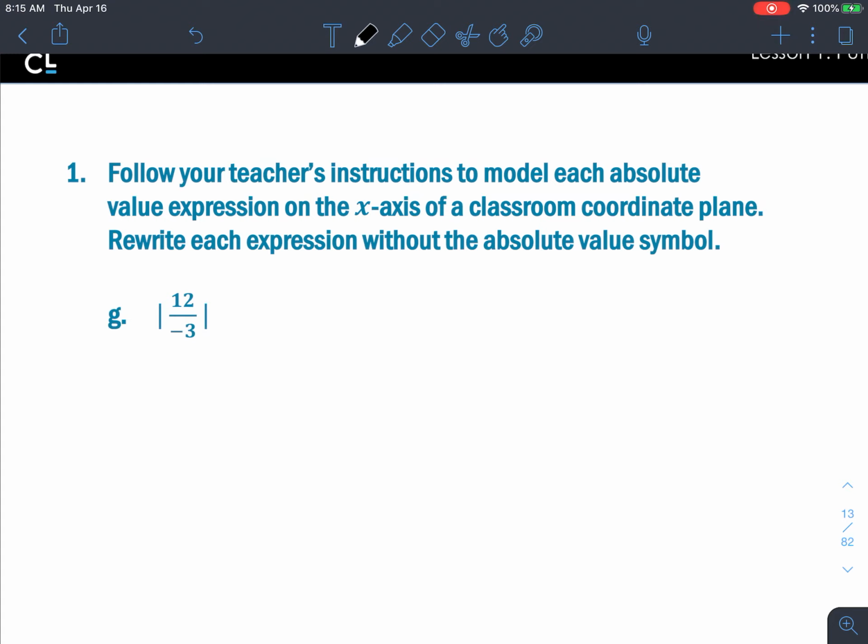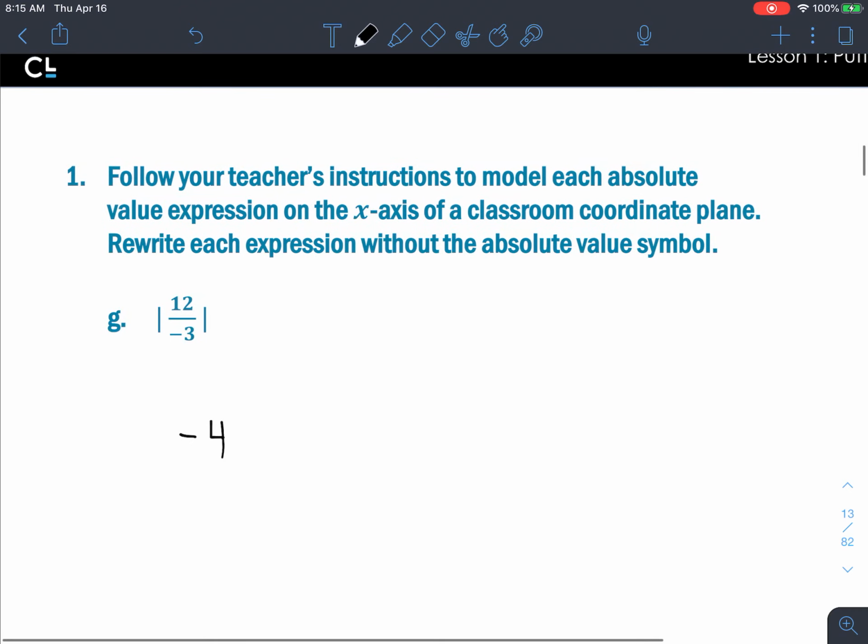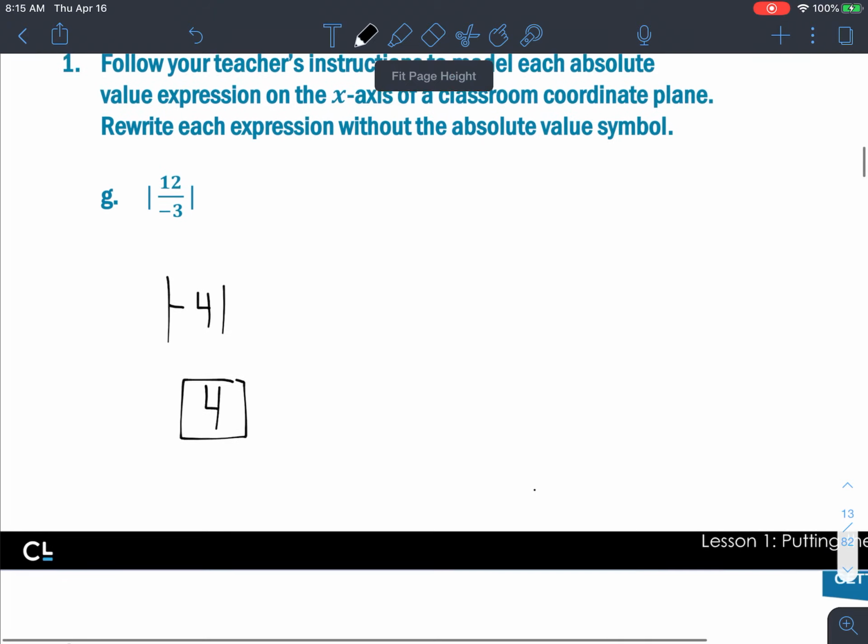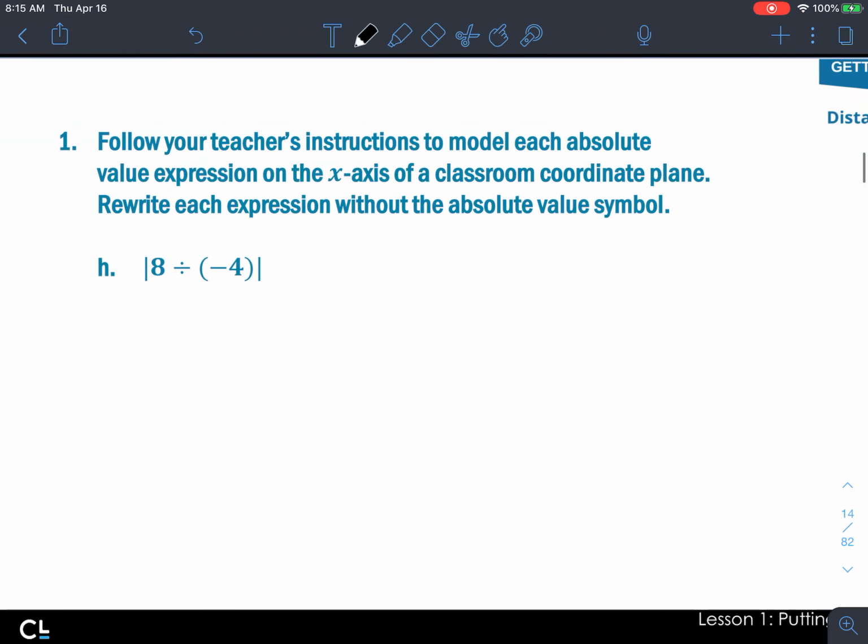12 divided by -3, I'm sorry. We've got to look to see how many times 3 goes into 12. We should know that 3 times 4 gives us 12. So that will give us -4 in our absolute value, because one's a positive, one's a negative. At the end of that, it is just 4. 8 divided by -4.